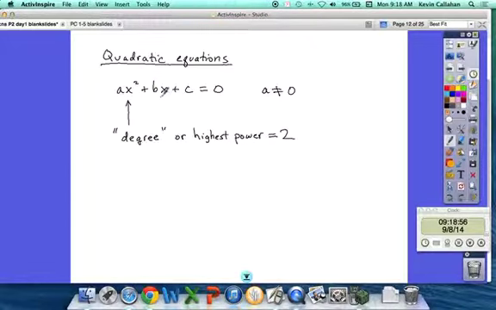It's okay if b equals 0 or c equals 0, but a has to not equal 0, or else you don't have a quadratic. Quadratic means the highest power is 2. Quadratus means squared in Latin. That's why they use that word. Otherwise, why wouldn't they just call it squared? They do, just in a different language.